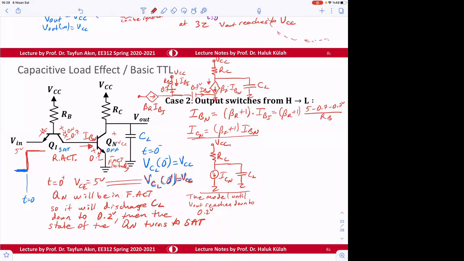So let me do this here for the output. For the output, initially output is VCC, right? I mean, we talked about it.